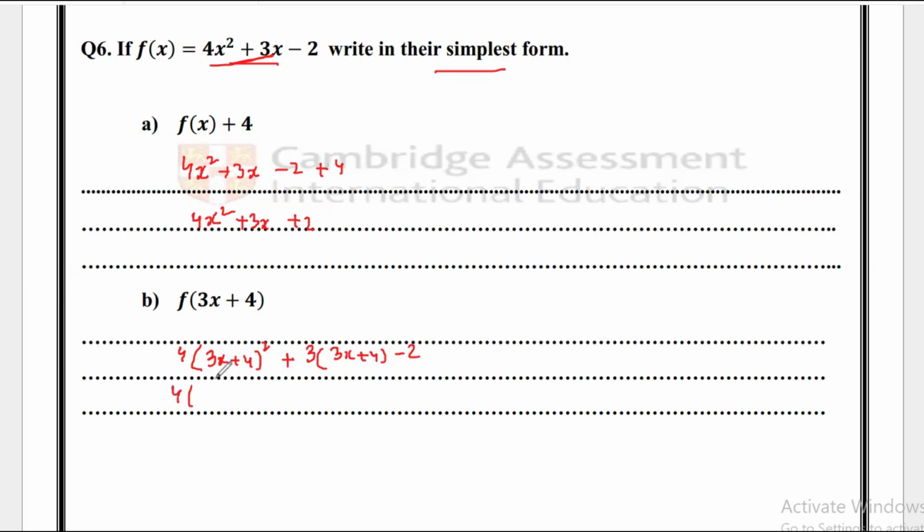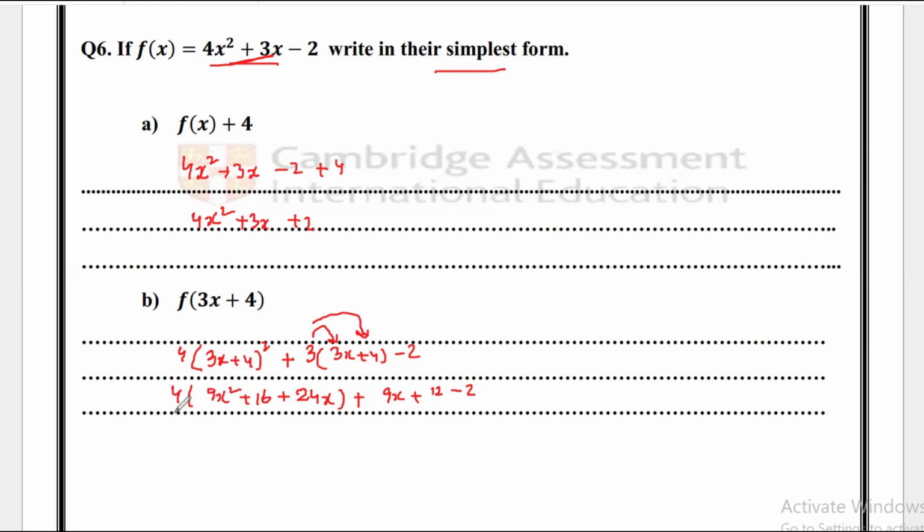For this, we can apply two things: either we apply the formula or write it 2 times. If we apply the formula, that gives us 9x squared plus 16 plus 24x, since 4 threes are 12, and 12 multiplied by 2 is 24x. And plus, multiply 3 inside with 3x as well as 4, so 9x plus 12, minus 2.